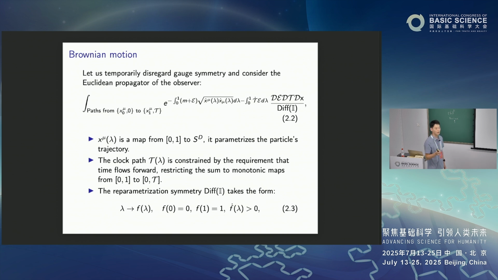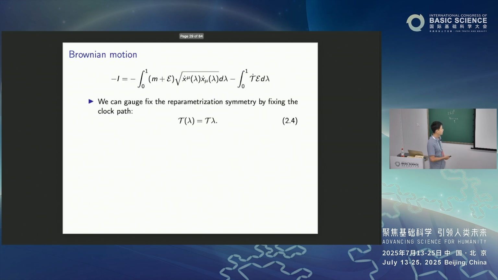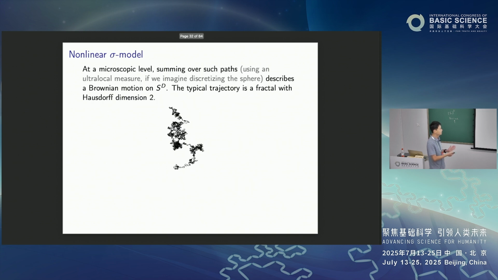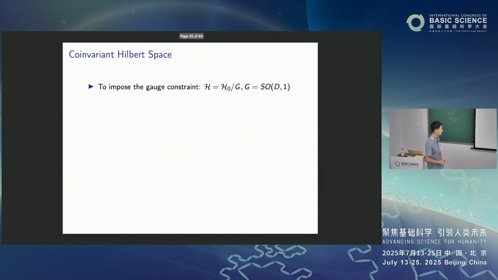Maybe let me comment. In this whole construction, it's very important that the observer is kind of eternal. It does not talk to the fields in de Sitter except through this constraint. If you imagine it coupled to QFTs in de Sitter, then the story will be very different, because then you don't get this linear ramp.